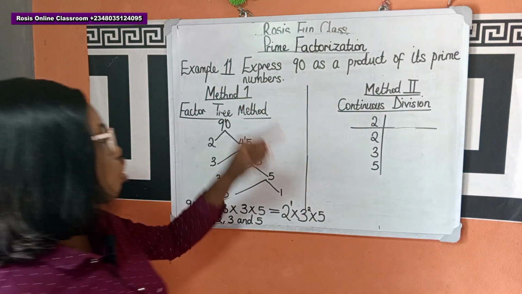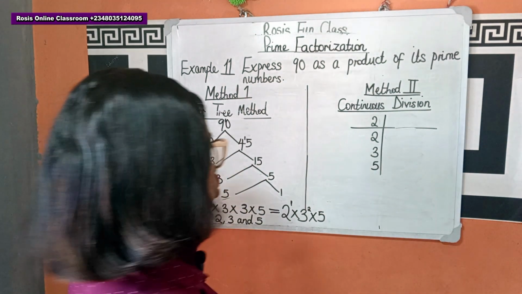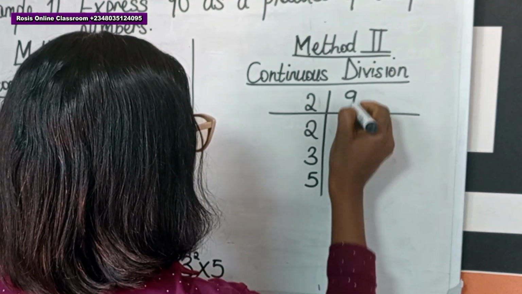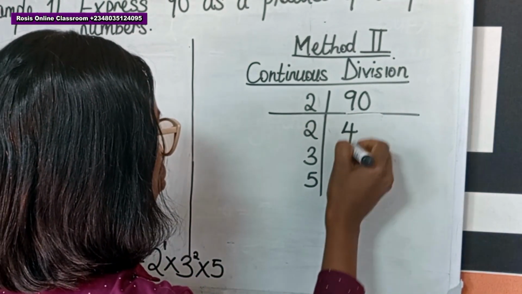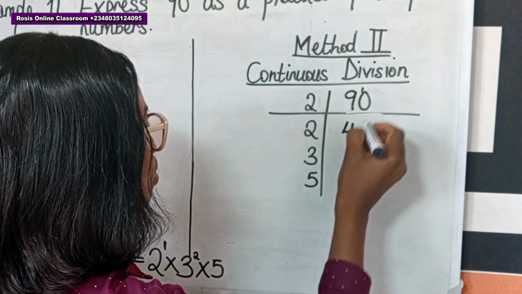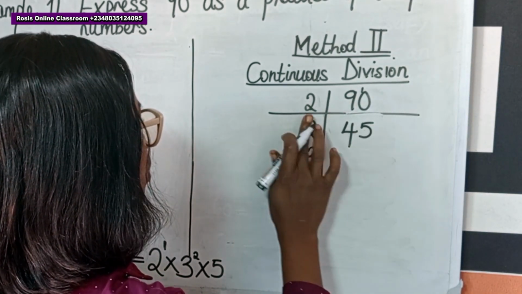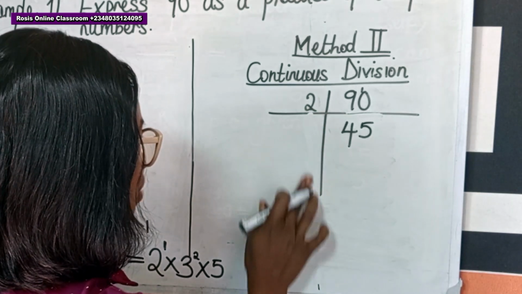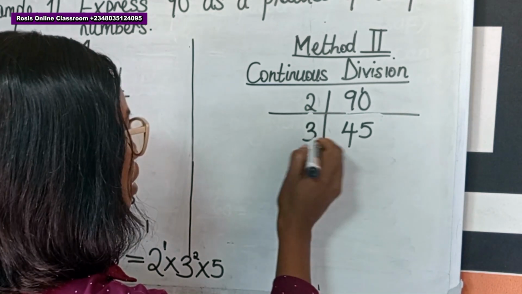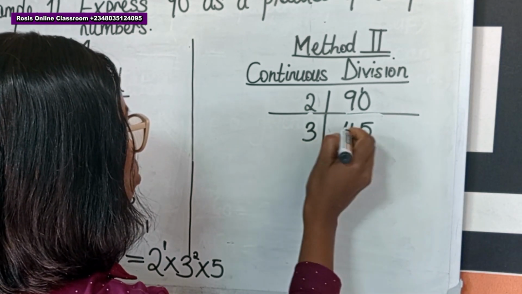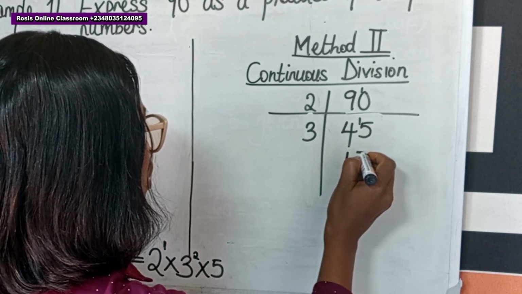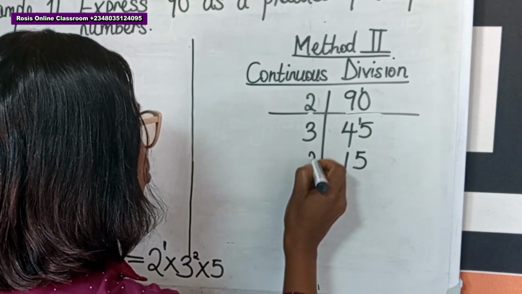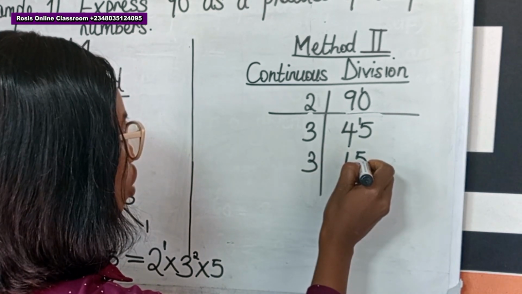Okay, let's go to using the continuous division method. 90. 2 into 9 gives us 4, remainder 1. 2 into 10 gives us 5. Now, 45 is an odd number, so we use 3, the smallest odd number. 3 into 4 gives us 1, remainder 1. 3 into 15 gives us 5. We still use 3 because this is an odd number.